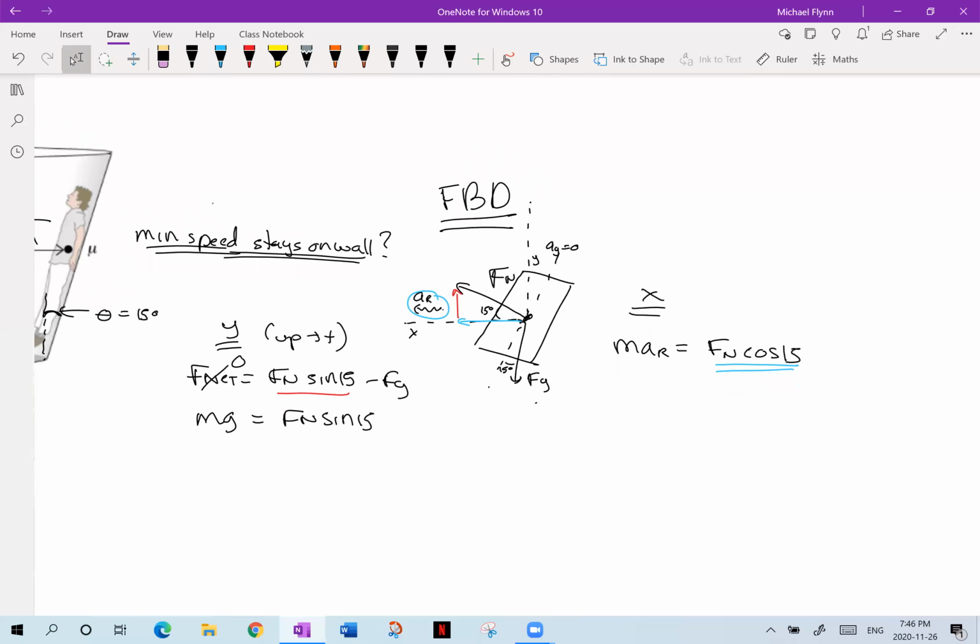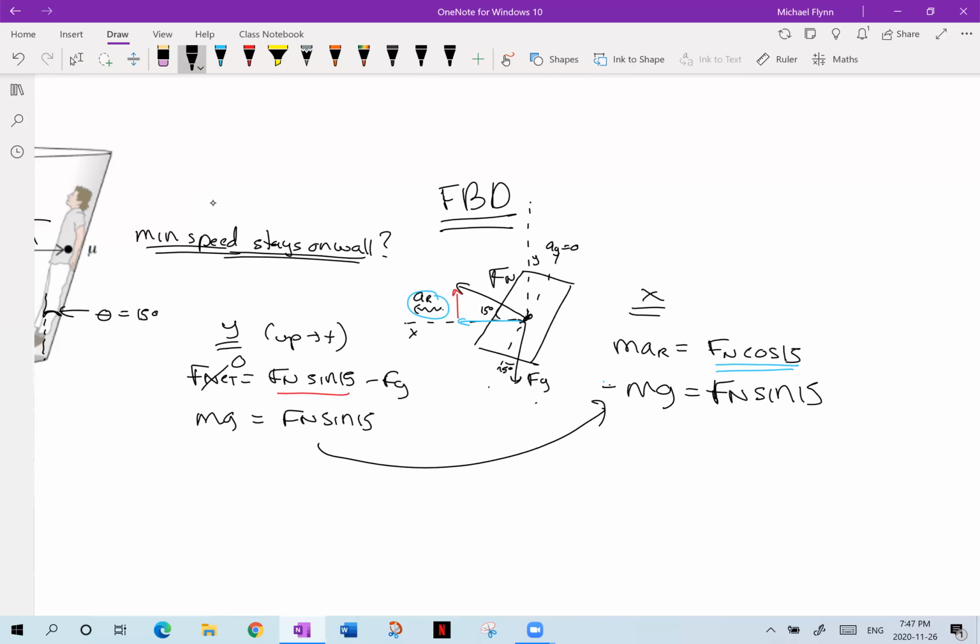Whenever we have equations in this form, I'll take this equation and move it over here, so I get mg equals Fn sine of 15.